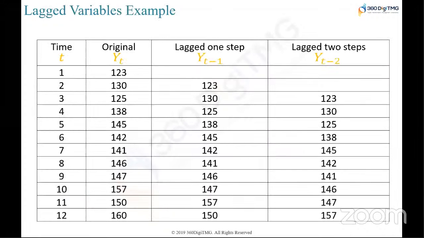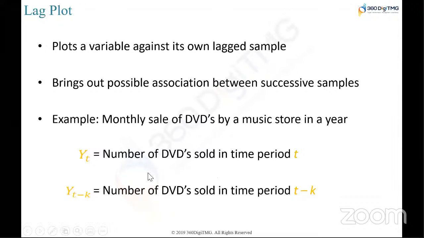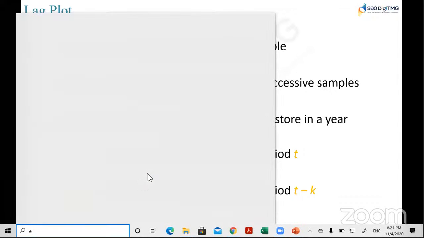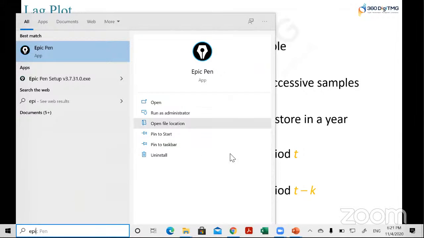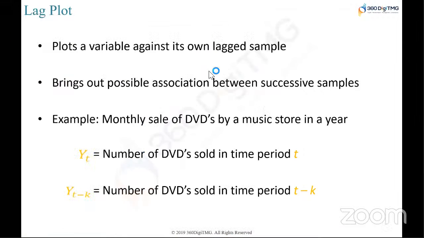Now, before I go into that data, let me just hide something.